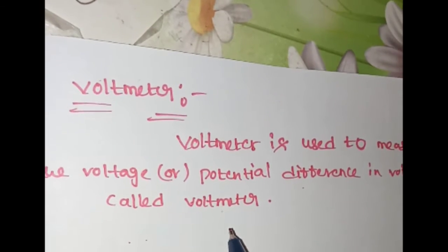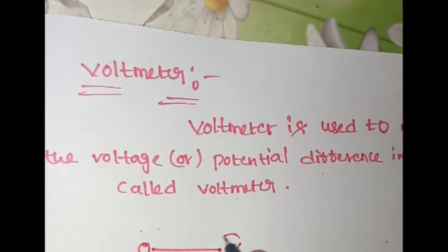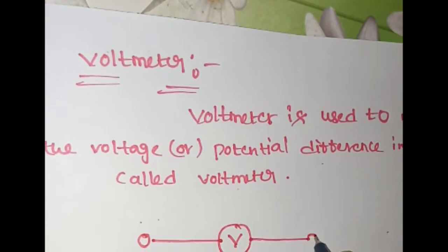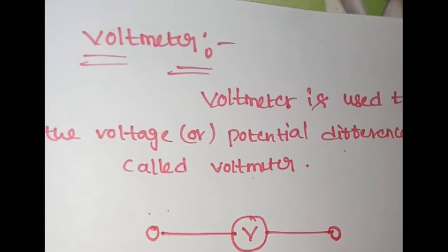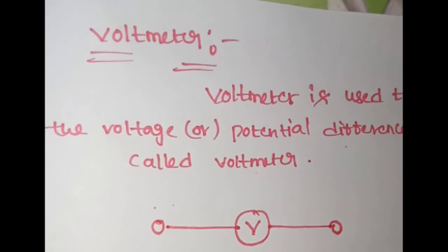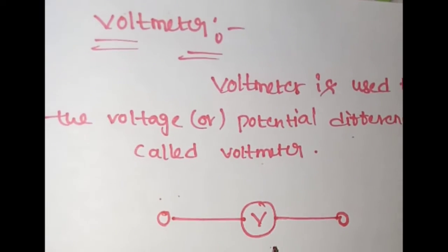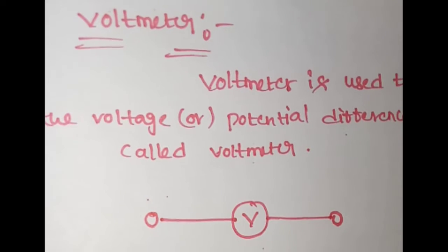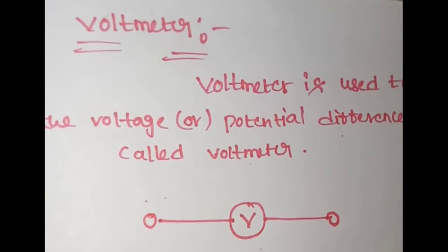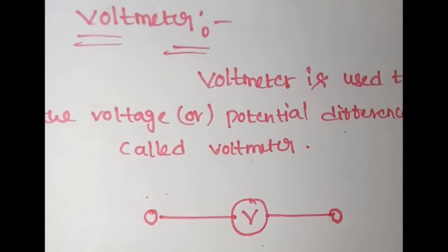Basically the voltmeter is represented symbolically like this, see here. We know that the voltmeter is always connected in parallel with the circuit. You may doubt why the voltmeter is connected in parallel.